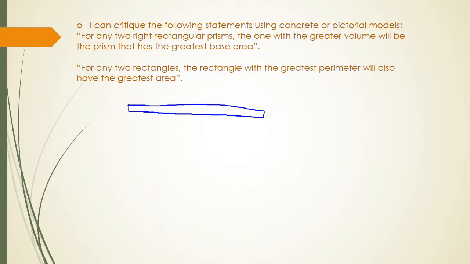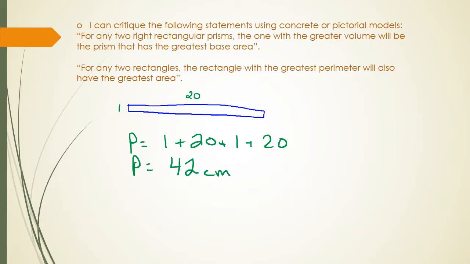Nice straight line I got going on. Let's say this is 1 and this is 20. Perimeter is add all sides. 1 plus 20 plus 1 plus 20. Make sense? Added them all up, I got 42.